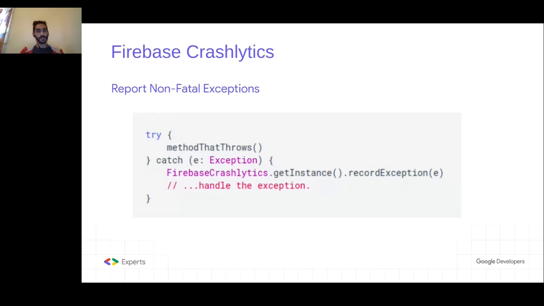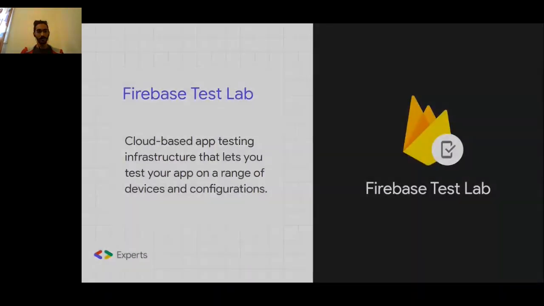When you catch that exception, you can silently send it to Firebase by calling FirebaseCrashlytics.getInstance().recordException. Then that exception will be sent to Firebase, but your users can continue using your app without any trouble.